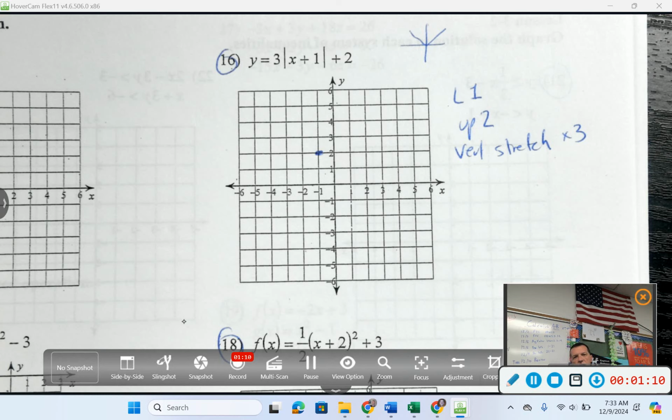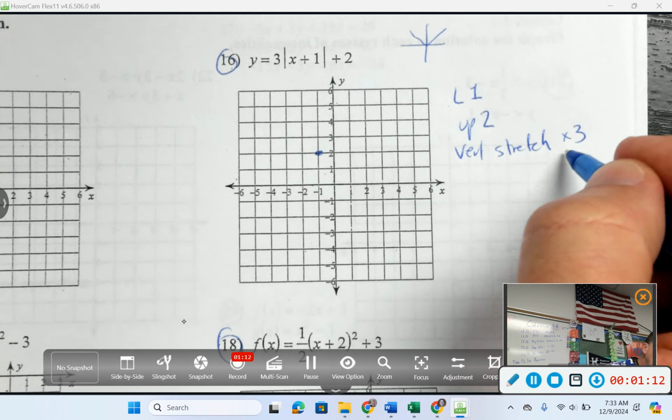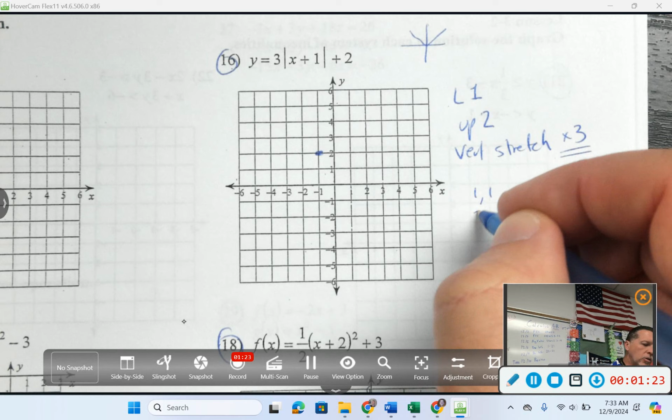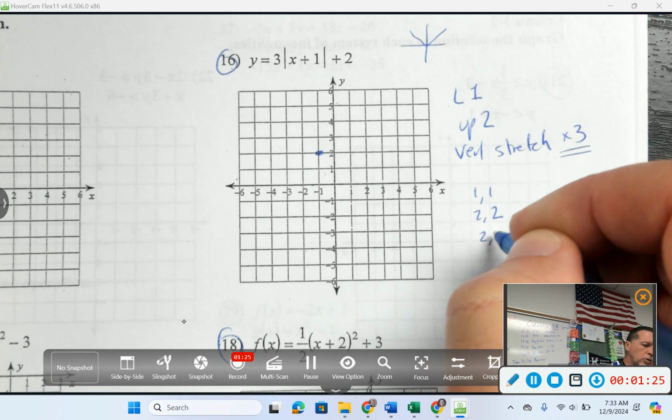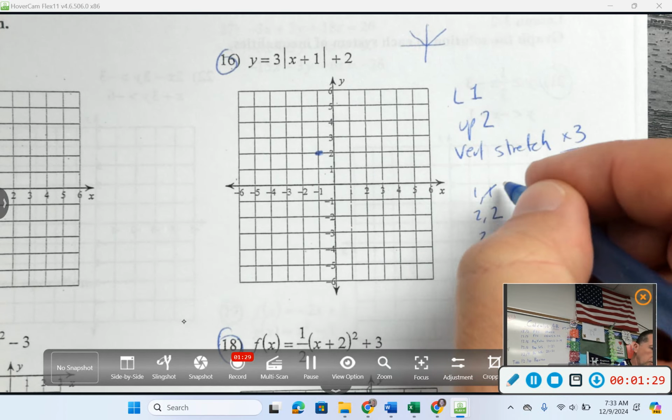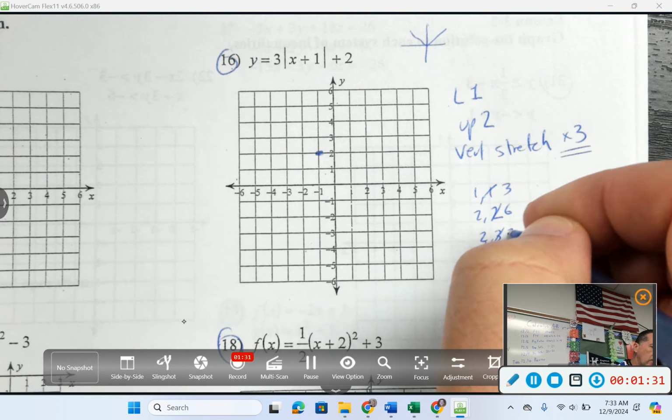I'll make a V. So exactly how do I use that vertical stretch of 3? Like, how does that show up on the graph? Multiply the y values by 3. And normally it's just 1, 1, 2, 2, 3, 3. But it's like we have a slope of 3 now.